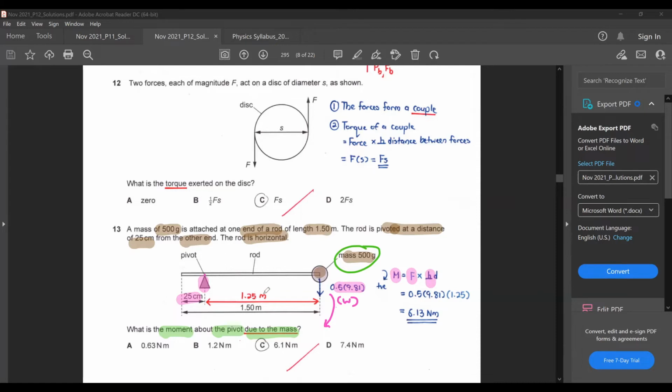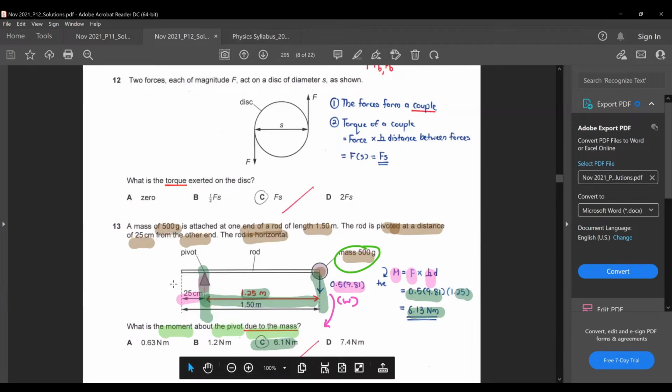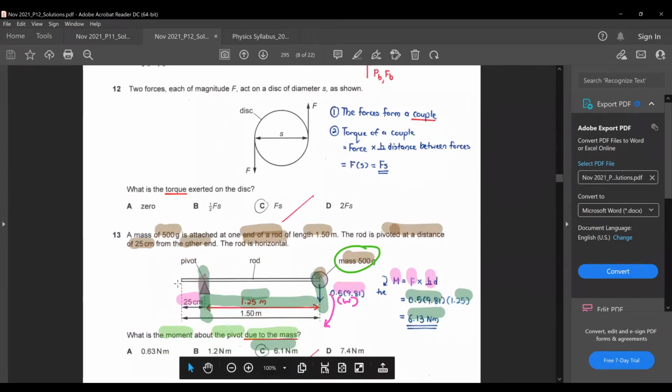Our perpendicular distance is 1.25, this distance here, from the force to the pivot. So it is 0.5 times 9.81 times 1.25, giving us 6.13 Newton meter. So this is our answer for the moment. Okay, so 13 is done.